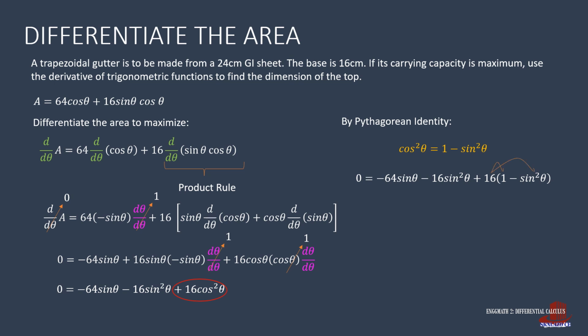Distribute 16 into the binomial terms, making 0 as equal to negative 64 sine theta minus 16 sine squared theta plus 16 minus 16 sine squared theta. Collect similar terms and get 32 sine squared theta plus 64 sine theta minus 16 as equal to 0. By reducing the coefficients, the function becomes 2 sine squared theta plus 4 sine of theta minus 1 as equal to 0.